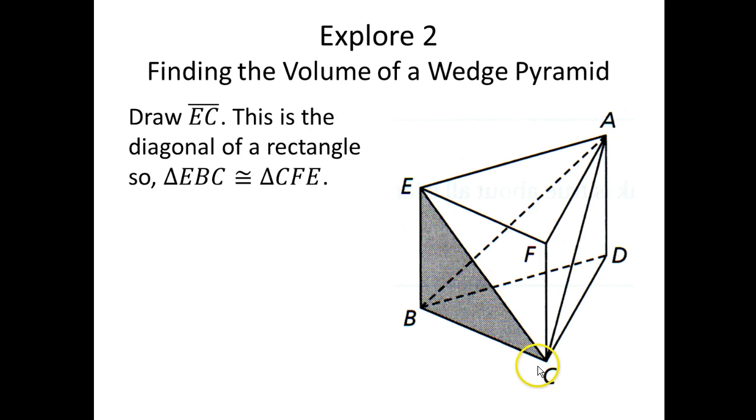Not only that, but I know that these are right angles by construction. So basically, by drawing in this line segment EC, I've created two congruent triangles.